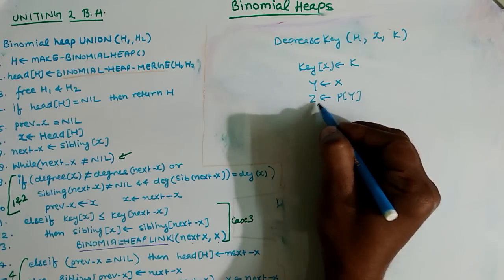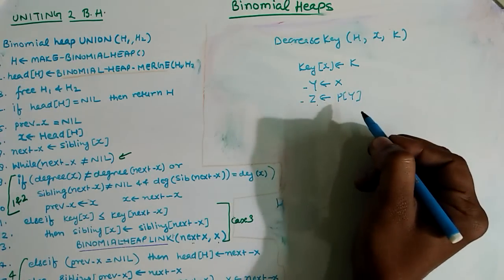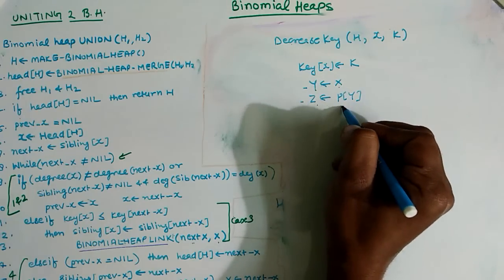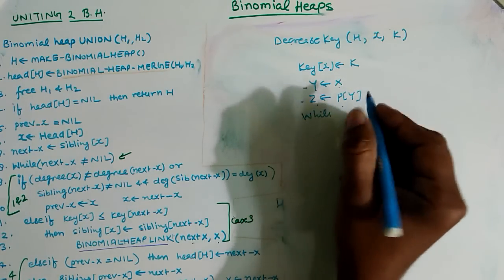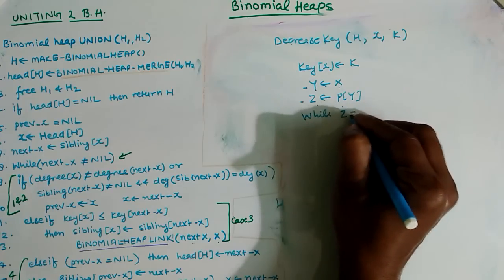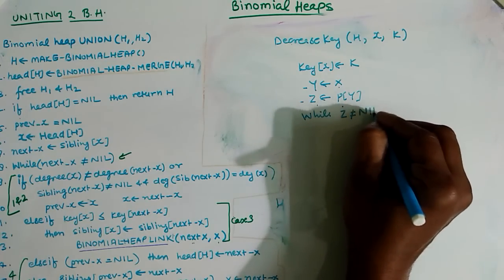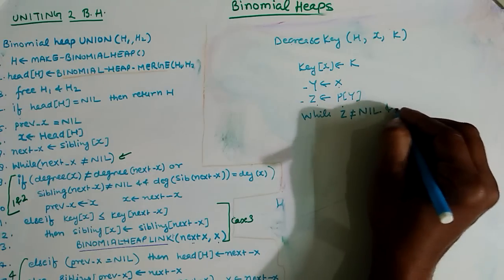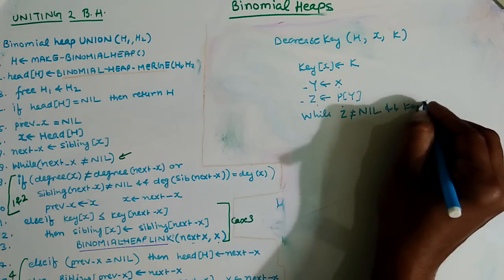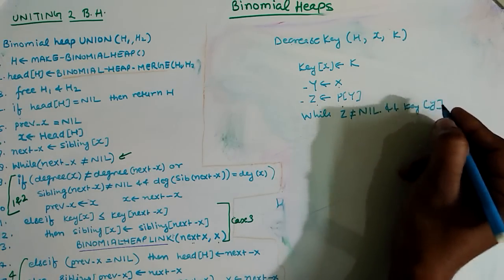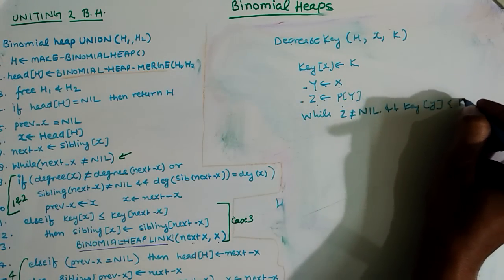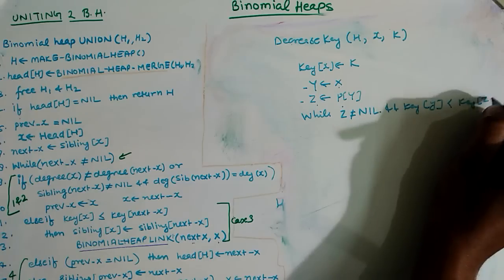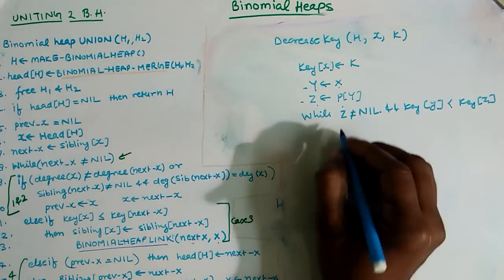So we take two pointers, y and z. y is pointing to x, z is pointing to the parent of x. Then, while z is not equal to nil, we check if the key of y, that is the key of this x, is less than the key of z, because it is min ordered and we need to find the minimum element.